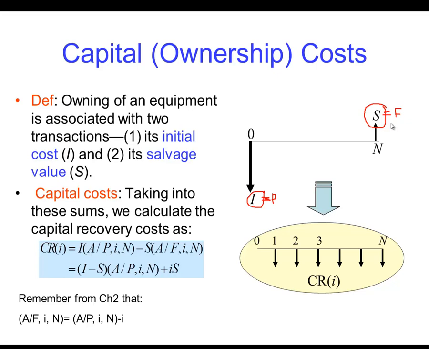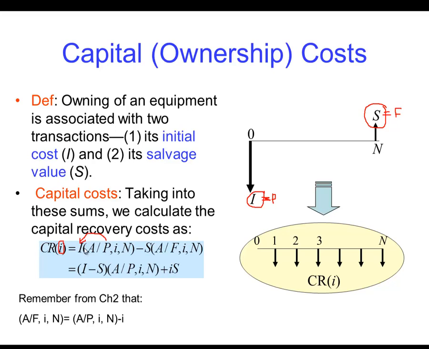Taking that into consideration, we can calculate the capital recovery cost using the formula. Capital recovery for I, the interest, will equal the initial cost multiplied by A given P, where the initial cost is P. That is the initial money that I spent to buy this equipment.